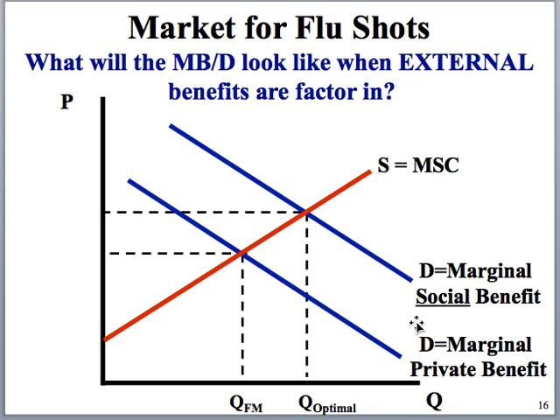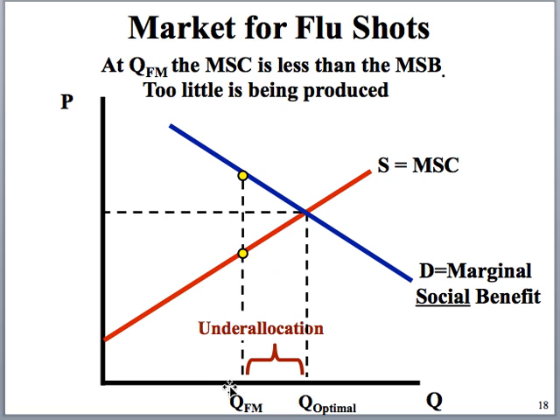In this case, though, the marginal social benefit is to the right of the marginal private benefit. So what we need to do is figure out how to get the marginal private benefit out there to the marginal social benefit. So the free market quantity is too low. There's an under allocation of resources to the flu shot market or to any market where a positive externality exists.